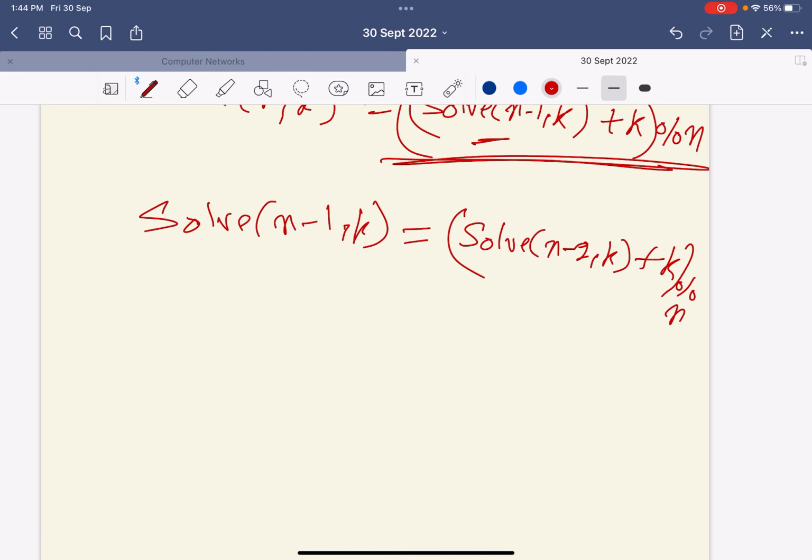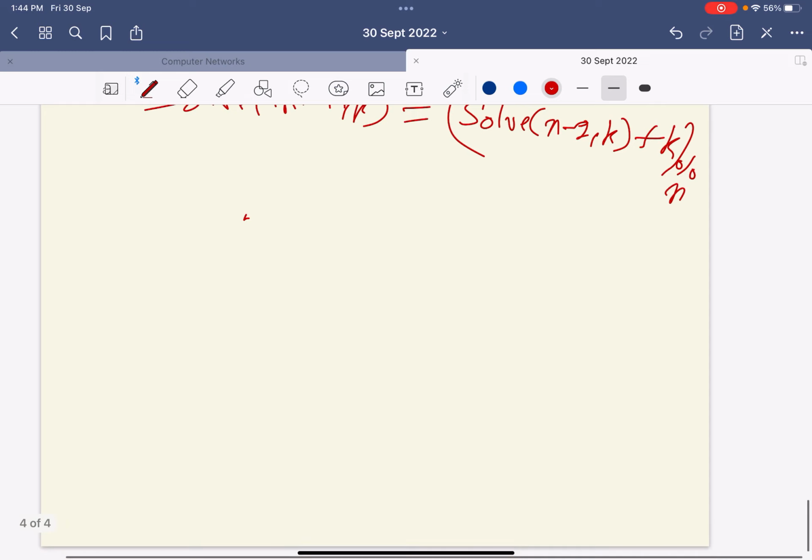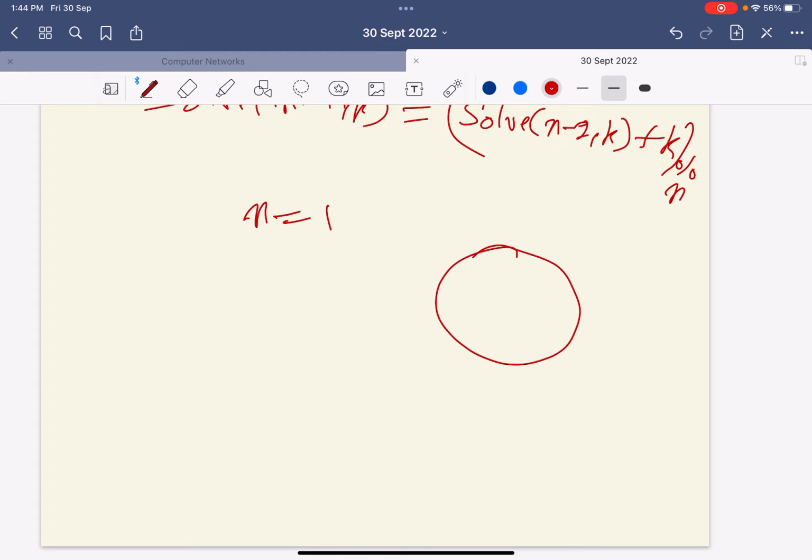I can't reduce my n infinitely. I need some terminating condition. So when will I stop? I will stop when n becomes 1. And what will be my answer in case of n equal to 1? What is the answer when there is only one person sitting around the round table? In that case, the answer is 1 only.